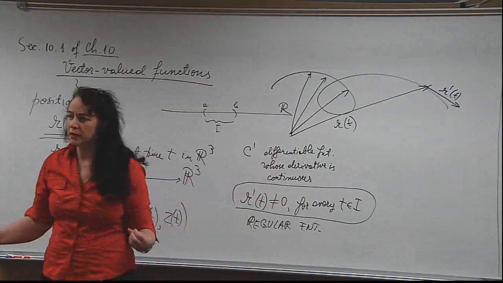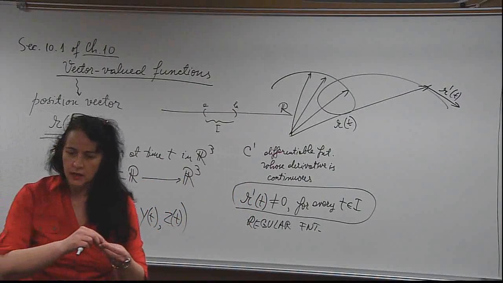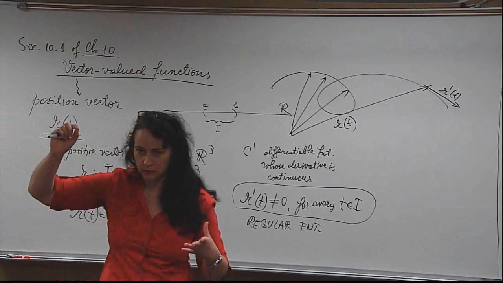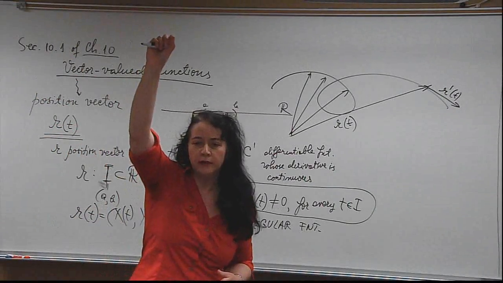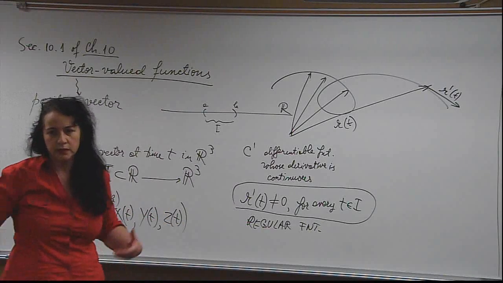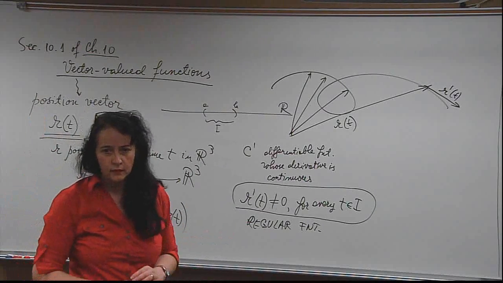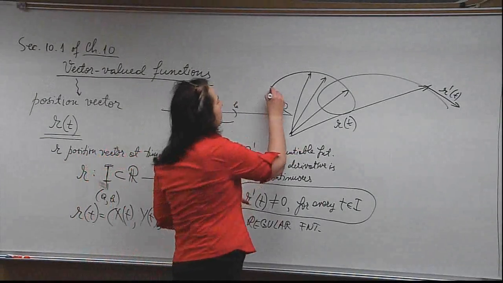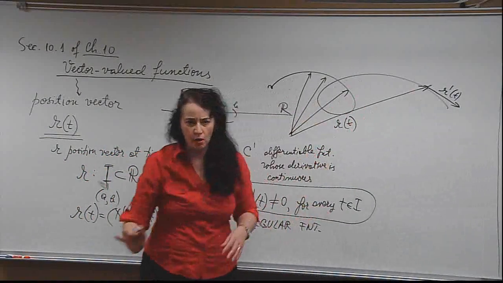Velocity never zero means that the drunken bug between time a and time b never stops. He stops at the end, but the end is b, and it is outside of my interval. So he stops at b and he falls. Right? So I don't stop. I move on from time a to time b, I don't stop at all.